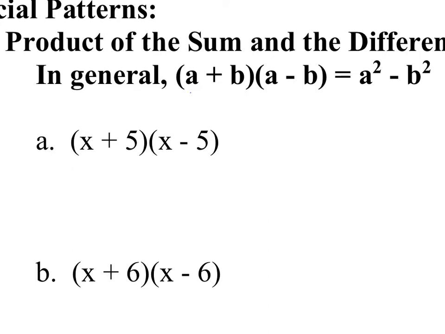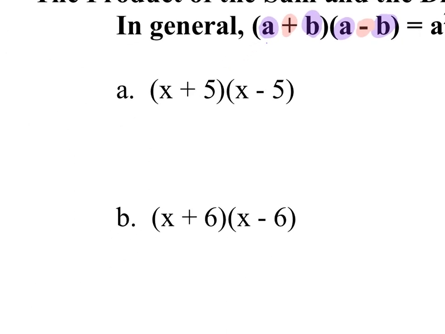So notice I have A and I have B and B, but I have a plus and a minus. That's what's going to give me my pattern, which is a squared minus b squared. And we'll do some of these worked out the long way so you can see why that pattern is happening.